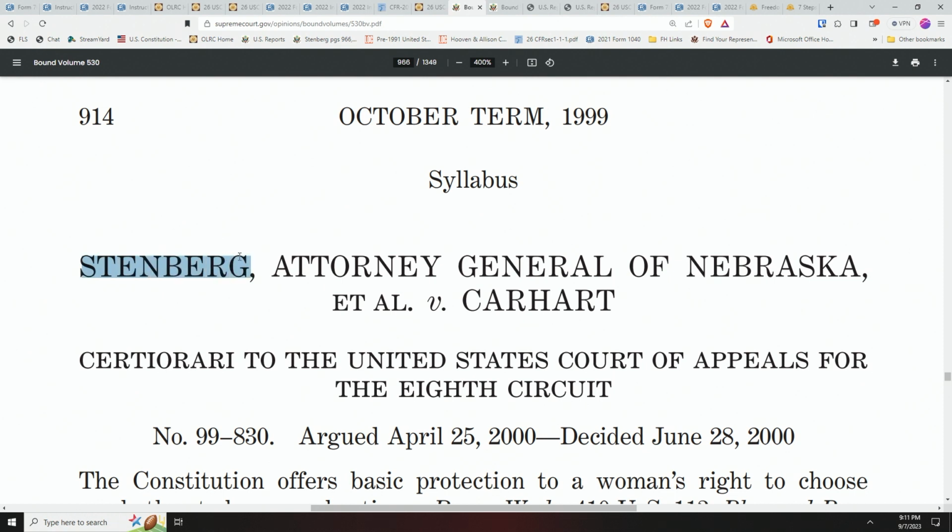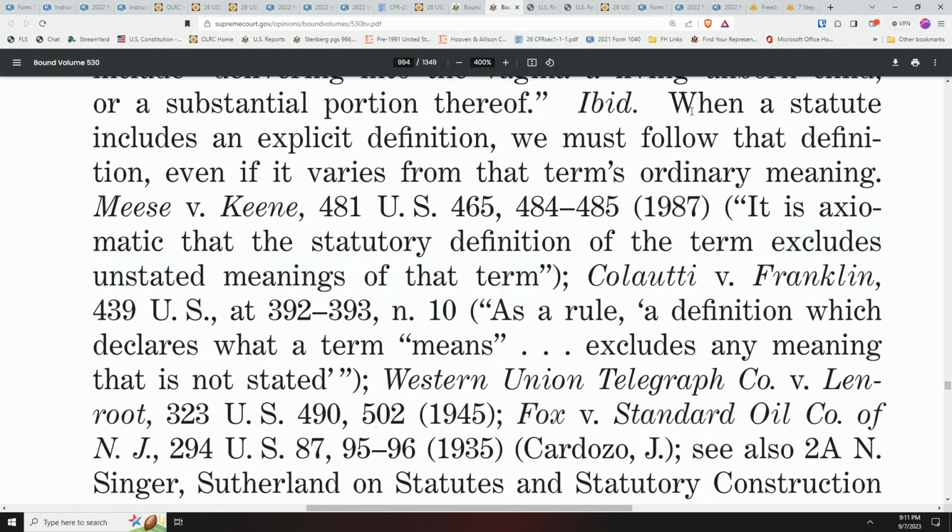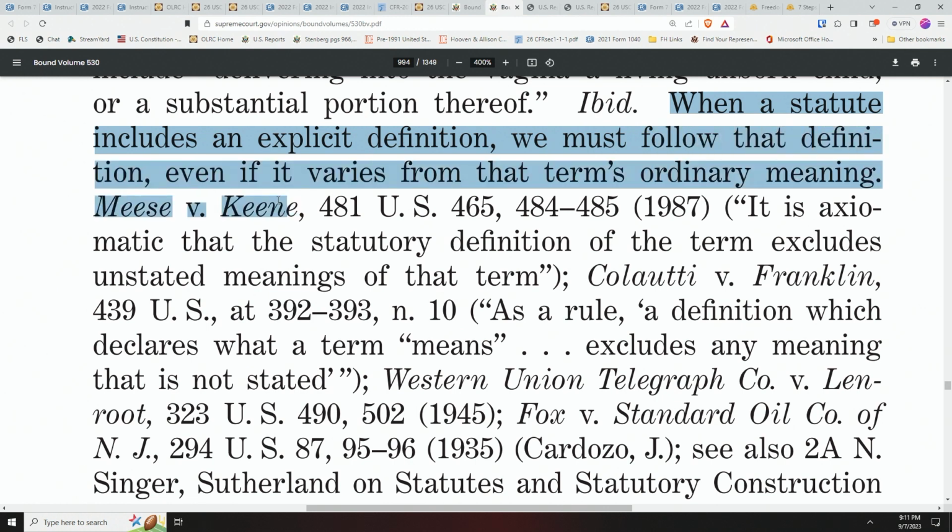Here's the Supreme Court in Stenberg versus Carhart in year 2000. Here's what it tells us about reading law and their definitions. When a statute or law includes an explicit definition, we must follow that definition, even if it varies from that term's ordinary meaning.